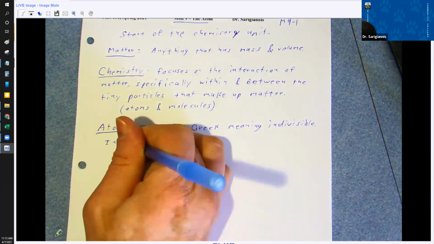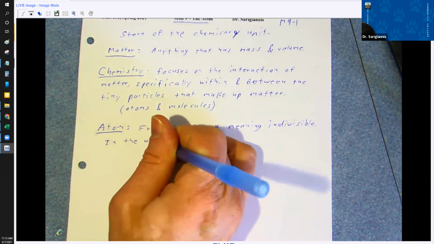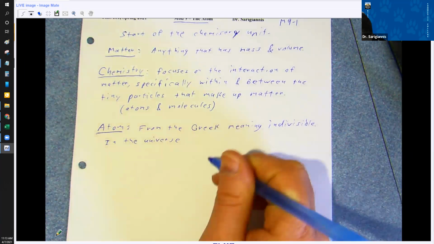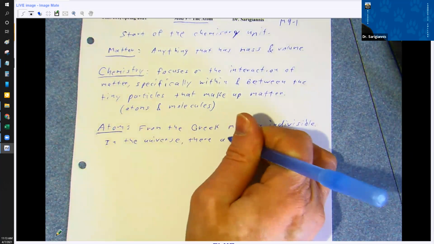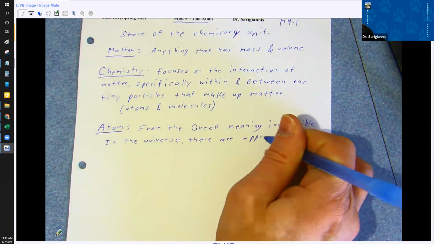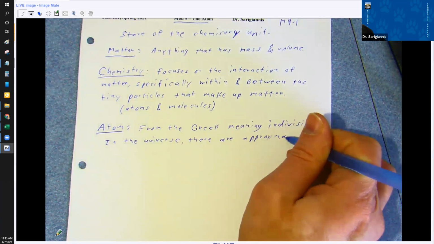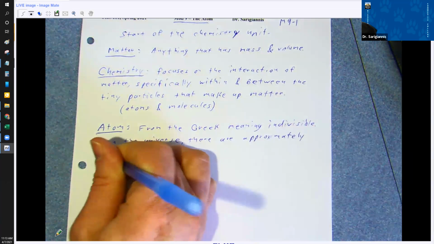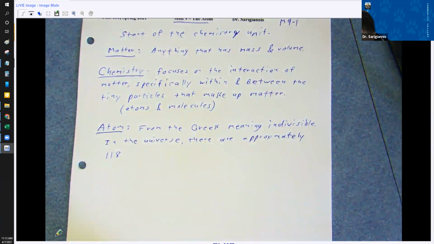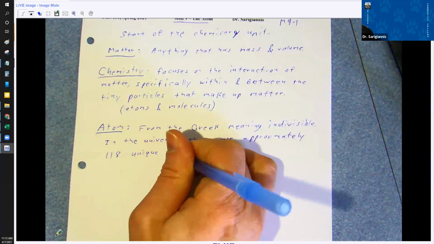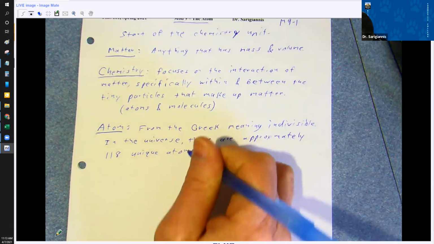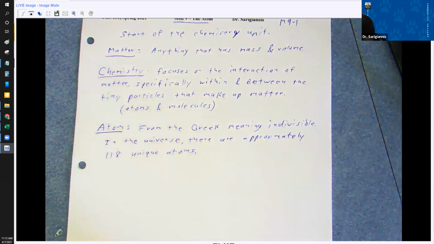And in the universe, there are approximately 118 unique atoms. What we talked about above, right? Matter.